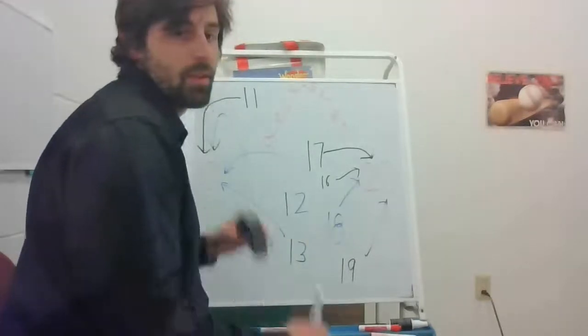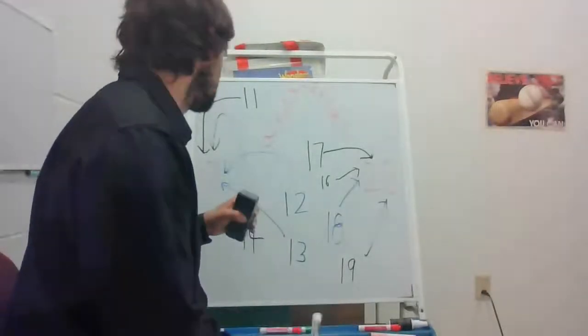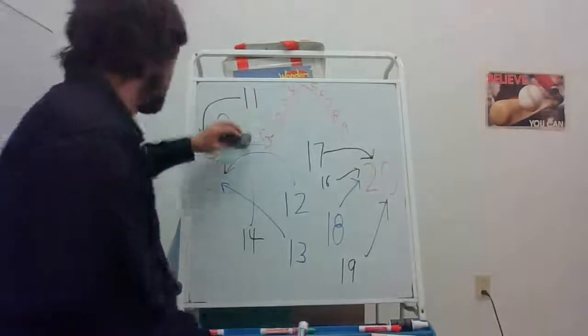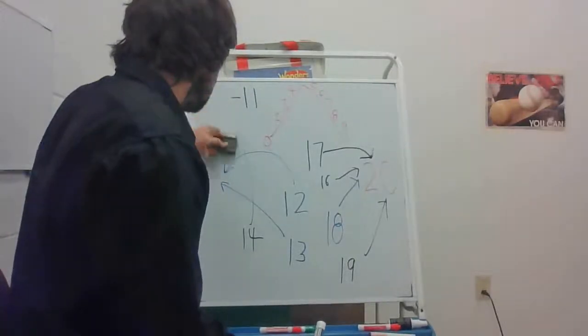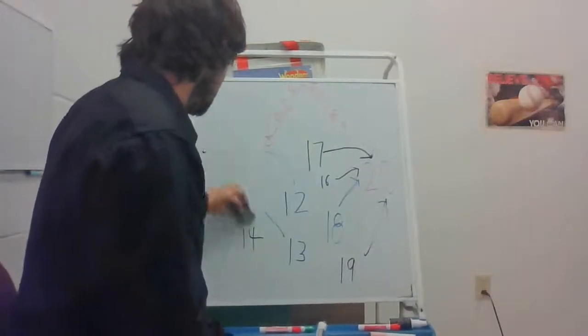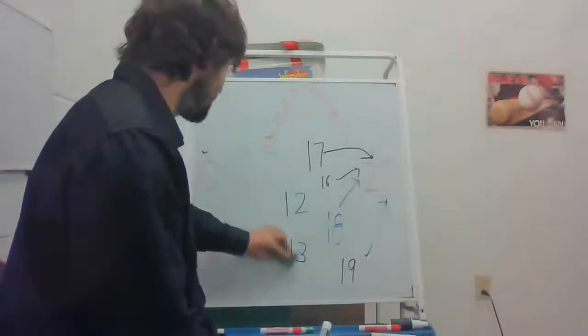So I've just rounded all the numbers in between 10 and 20 to the nearest 10. I'm going to rewrite this so it's a little bit neater now, because I want y'all to screenshot and take a picture of this.